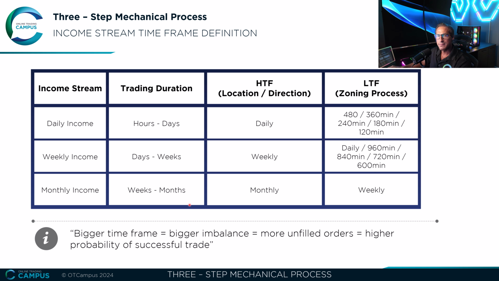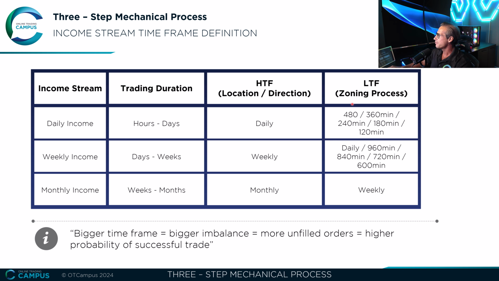Now, what are the time frames to use? And this is an important question that we cover now in this lesson. What are the time frames you use for these 3 different income streams? So for daily income, where a trade lasts hours or days, for your higher time frame, for your location and direction, use the daily time frame. And for the zoning process, you would use different time frames, from 2-hour to 4-hour to 8-hour charts.